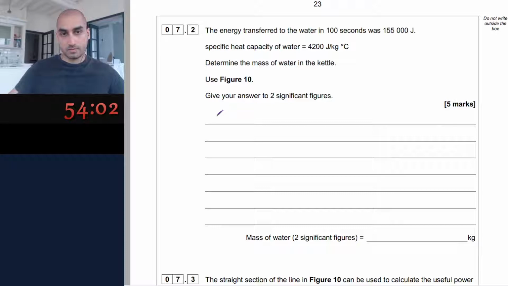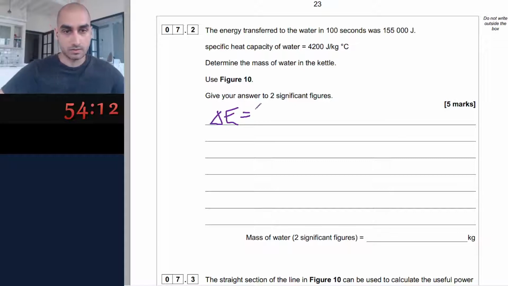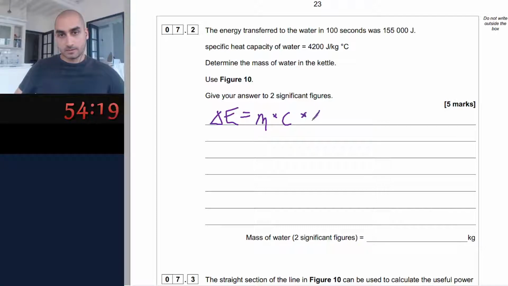So we've got delta E equals mass times specific heat capacity times delta temperature. Okay.